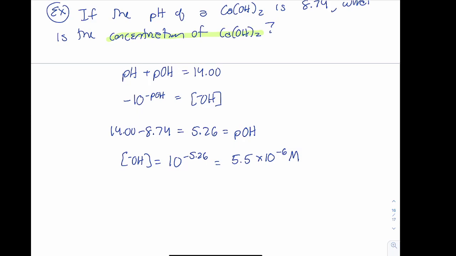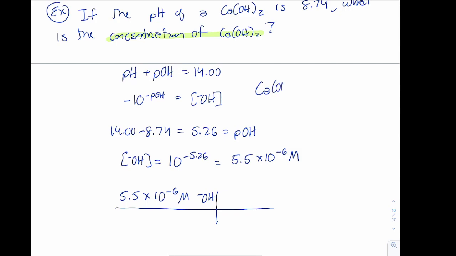And if you don't see that, you could set it up just using dimensional analysis, right? If I have 5.5 times 10 to the negative 6 molar OH, and if we were to write our reaction, there's 2 hydroxide ions for every 1.